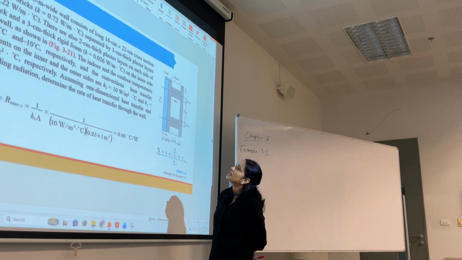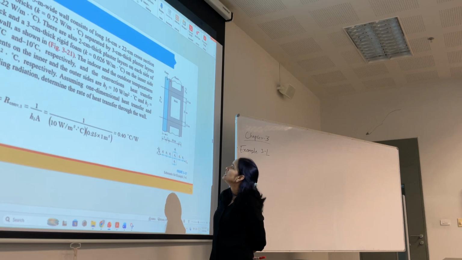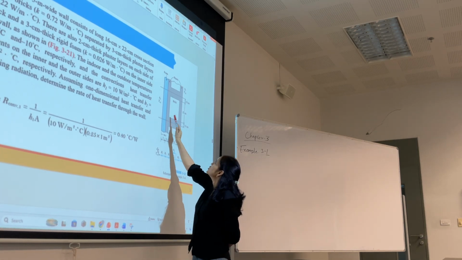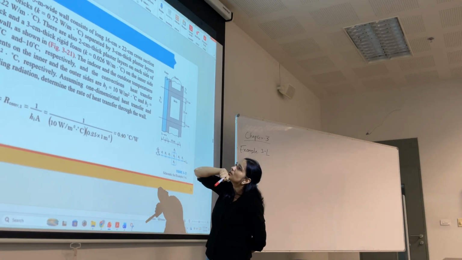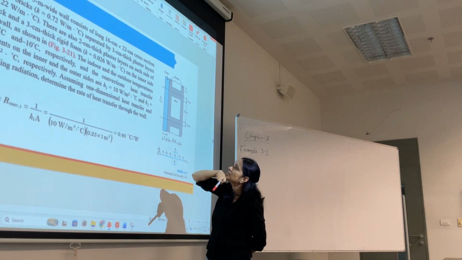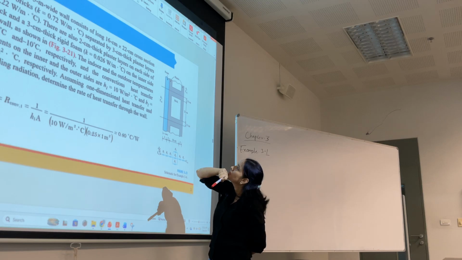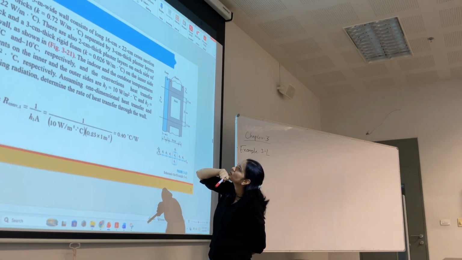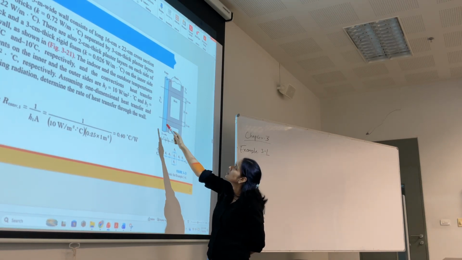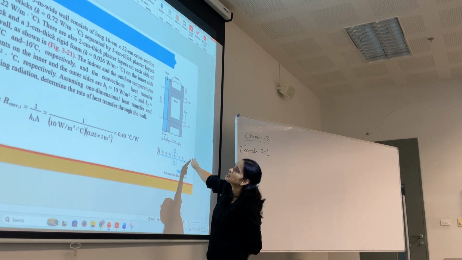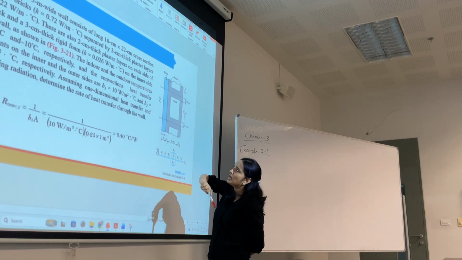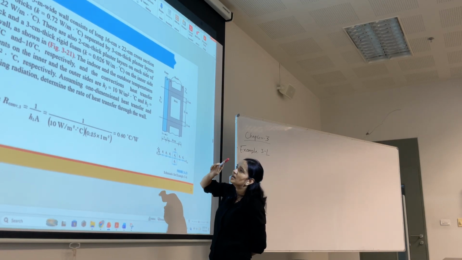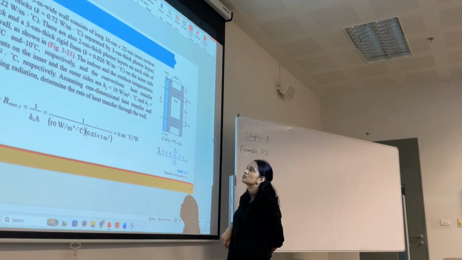There are also 2 centimeter thick plaster layers on each side of the brick, and a 3 centimeter thick rigid foam. The inner side of the wall is shown with the indoor and outdoor temperature. This temperature and this temperature is given. The heat transfer coefficient of the inner and the outer side, here and here, is given. Assuming one dimensional heat transfer and disregarding radiation, determine the rate of heat transfer through the wall.